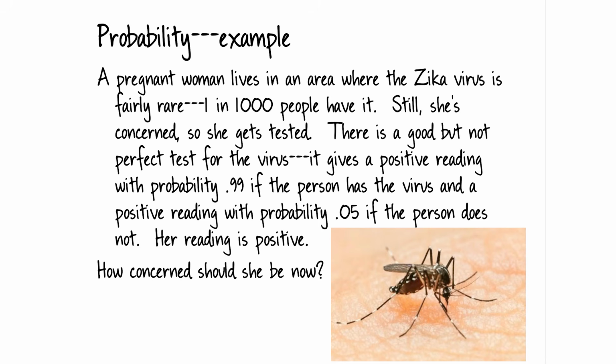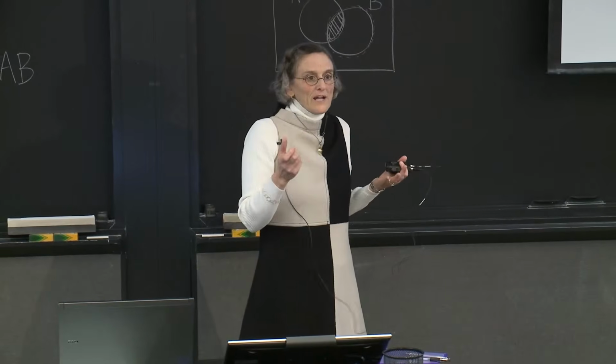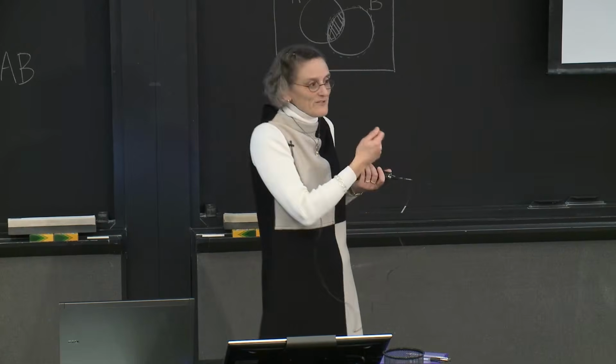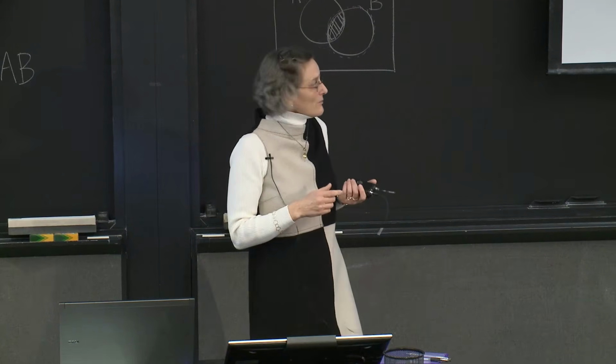It gives a positive reading with probability 0.99 if the person has the virus, and a positive reading with probability 0.05 if the person does not have the virus. So in the world of medical testing, that would be considered a pretty reliable test, right? There's some false positives, some false negatives, but the rate of false negatives is 1%, the rate of false positives is 5%. So it's a pretty reliable test.